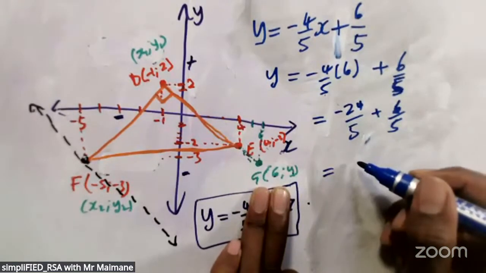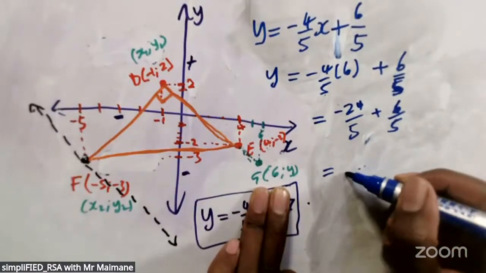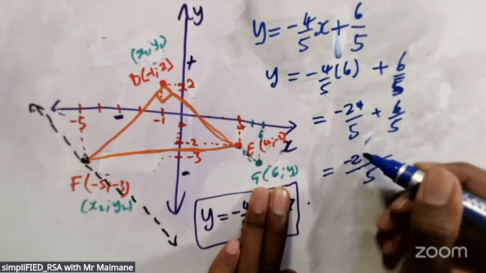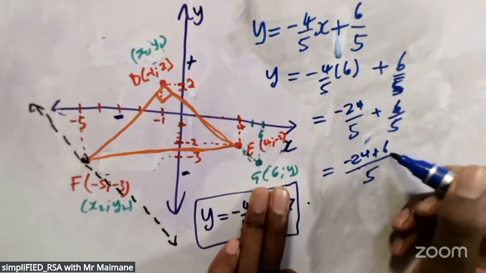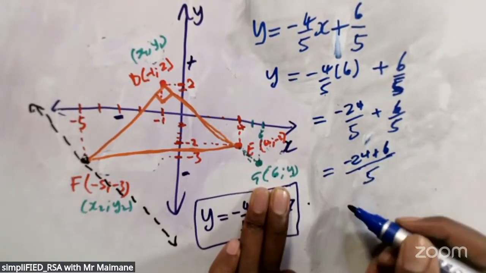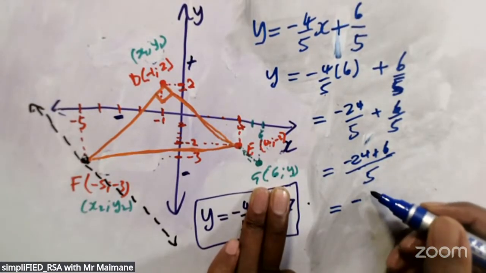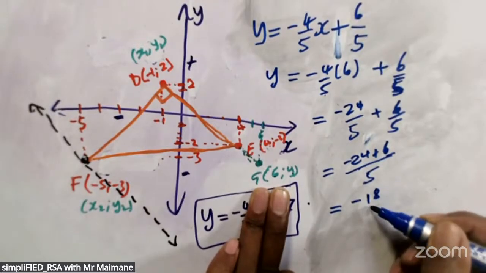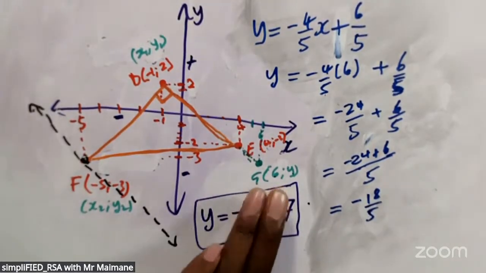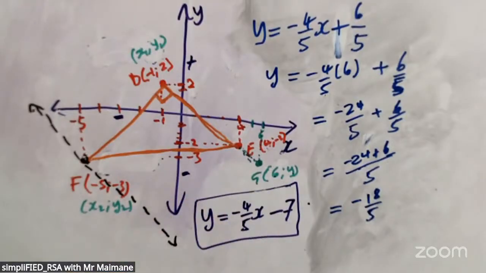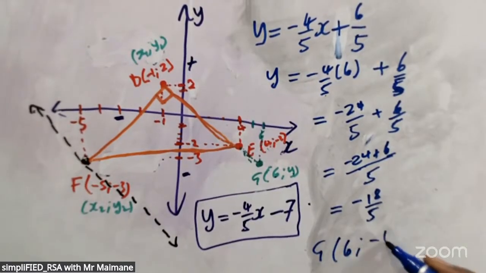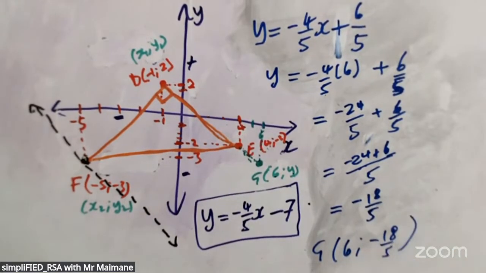And then negative 24 plus 6, that would give you negative 18 over 5. So that would be the value of y. So the point G is (6, -18/5).